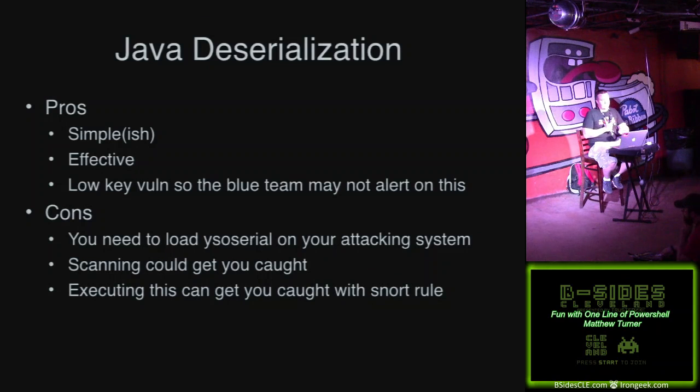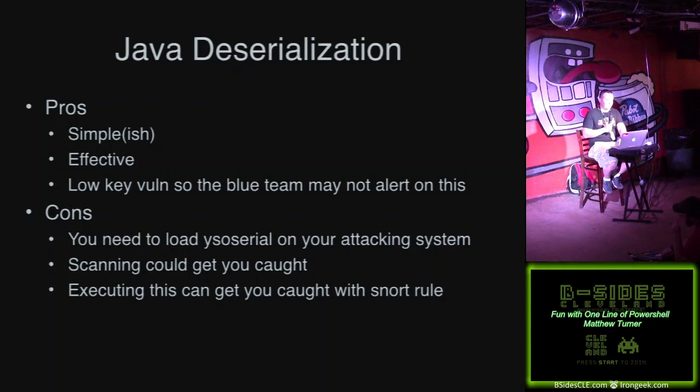But the cons, again, you need to load WhySoSerial. The scanning itself could get you caught if that's a worry of yours. And executing this can actually get you caught if your blue team has written the correct snort rules. It's kind of hard to do. It may not catch them all, but it's a good place to start because you're effectively exploiting intended functionality.